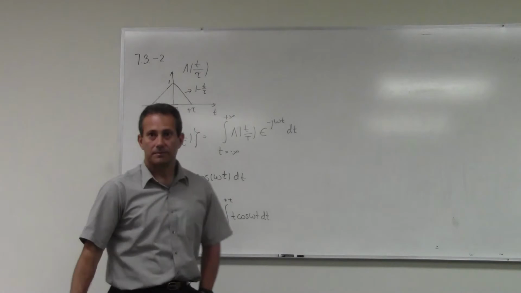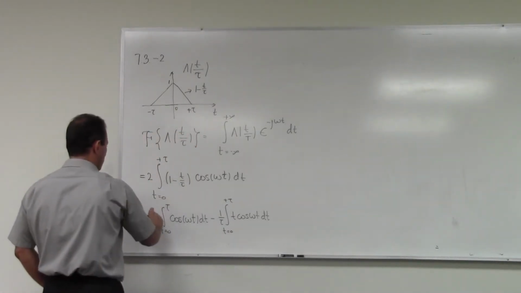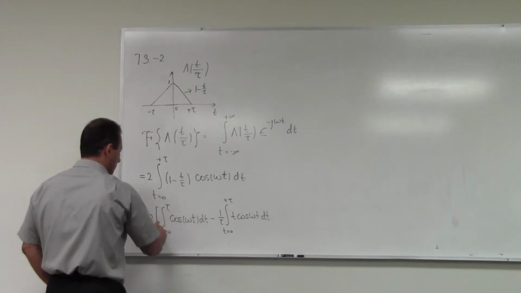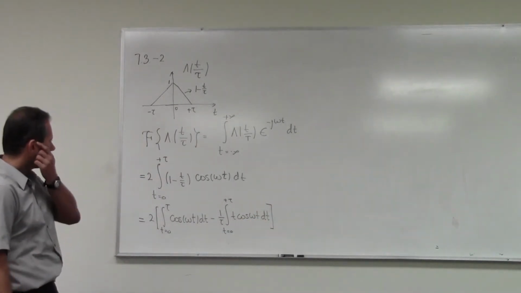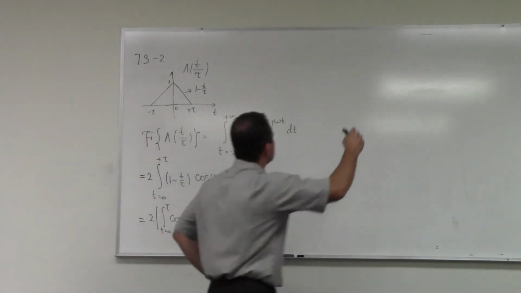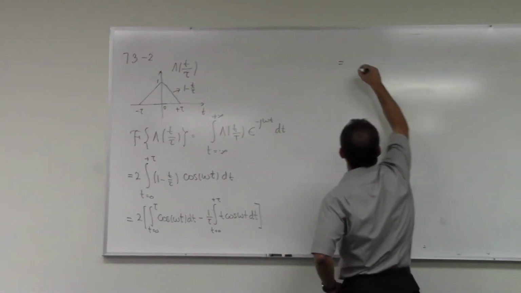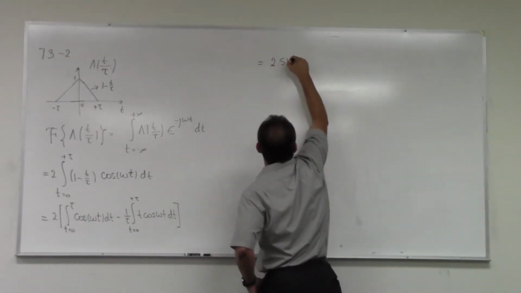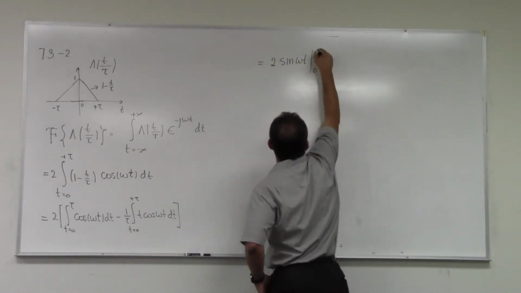There's a 2 here in front, because I'm integrating only over the positive t. Now the first one is an easy integral, the integral of the cosine is a sine, so this becomes 2 sine omega t when t goes from 0 to tau.